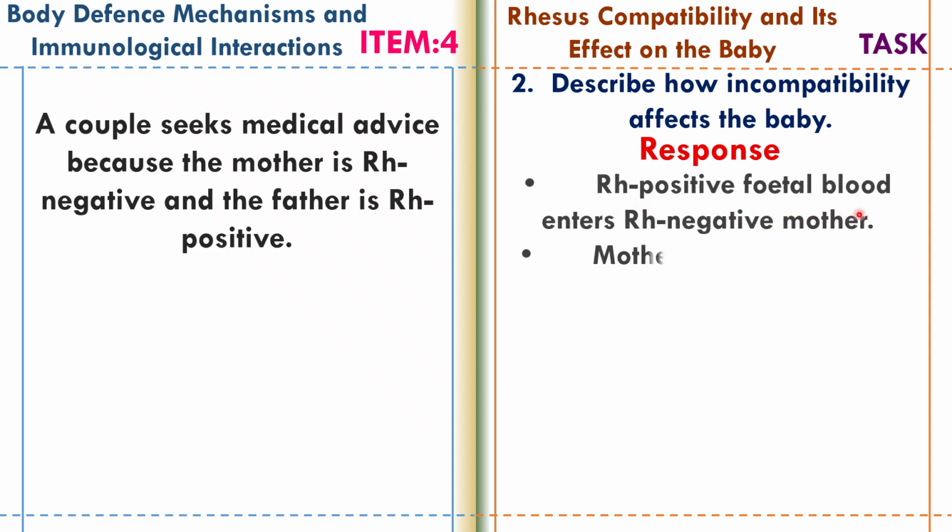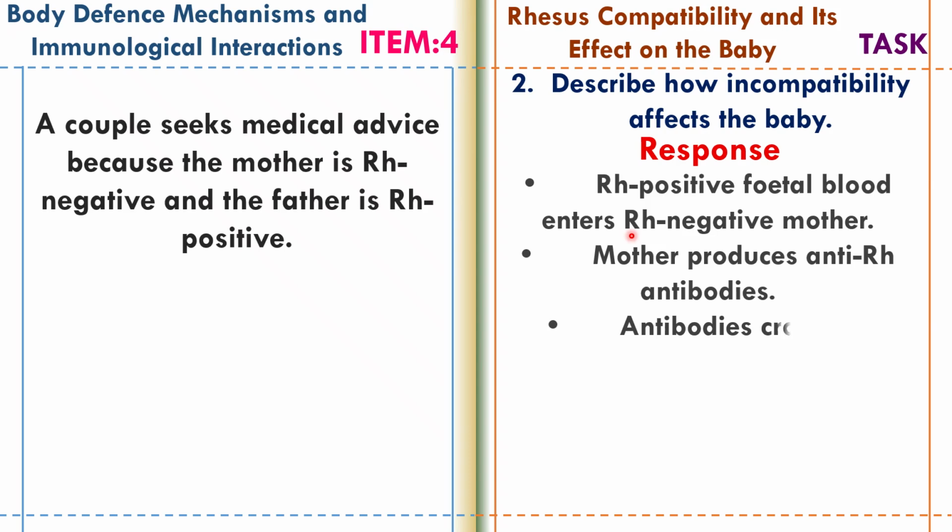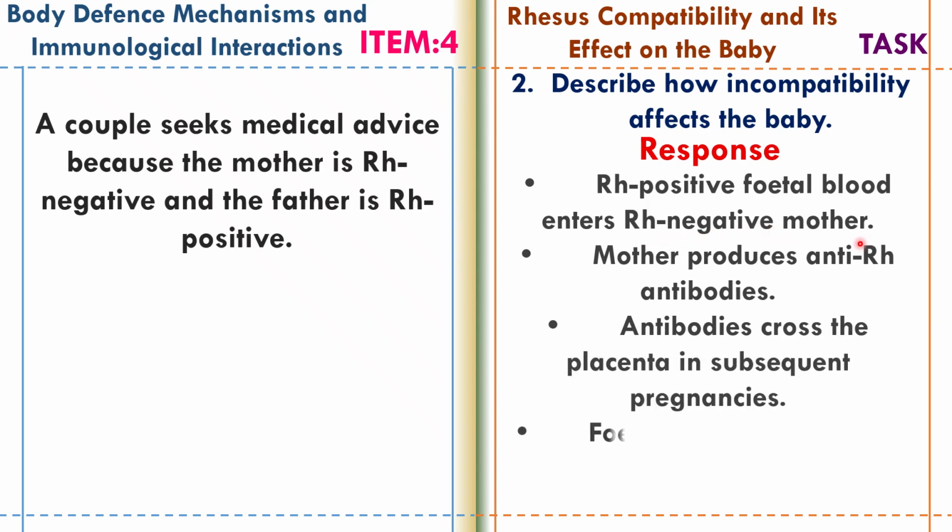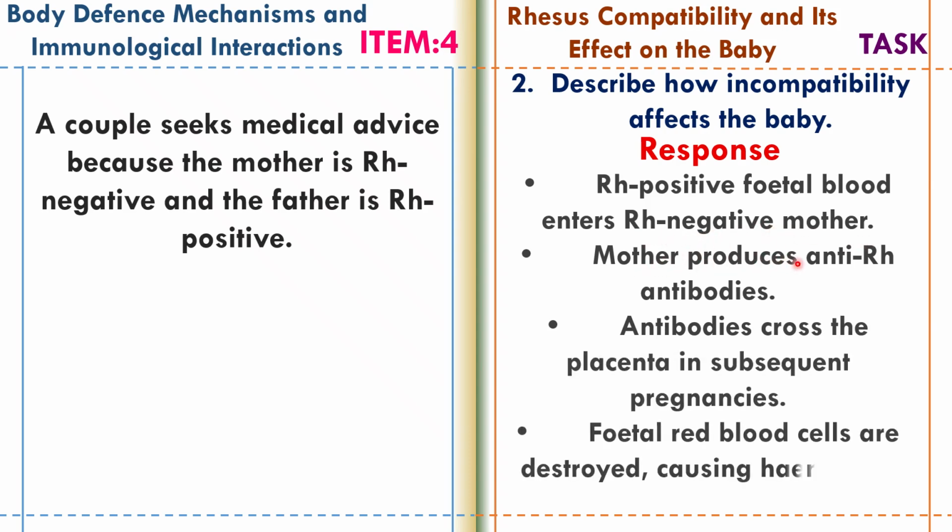Rhesus positive fetal blood enters rhesus negative mother. Mother produces anti-rhesus antibodies. Antibodies cross the placenta in subsequent pregnancies. Fetal red blood cells are destroyed, causing hemolytic disease.